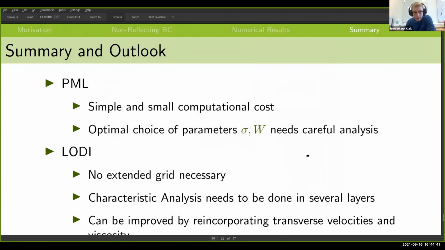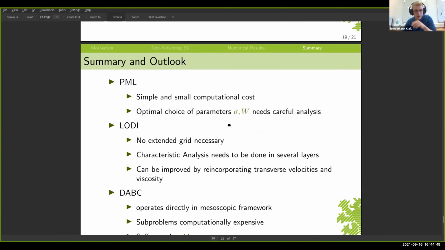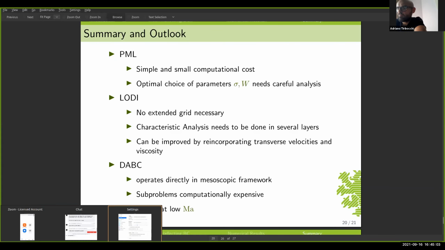Maybe share the presentation again. There is a question you see in the chat.